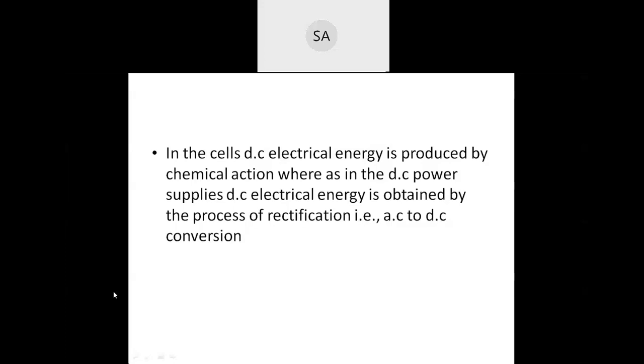The sources of DC power are batteries and generators also.